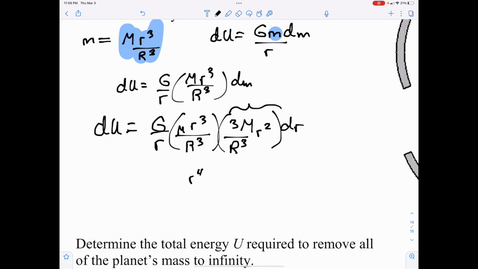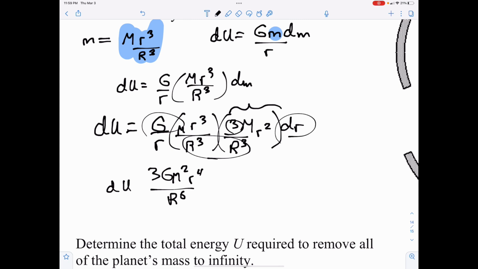We have big M squared. There's a 3g that we can account for there. And we're not canceling anything there, so it's just divided by big R to the 6th power. There's our dr. There's our differential equation for the du.